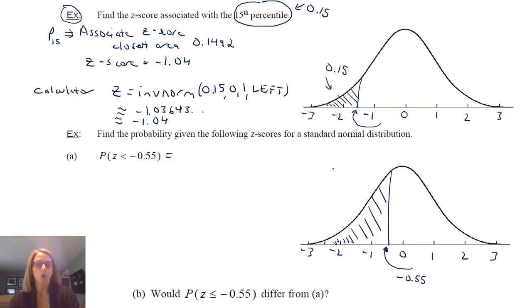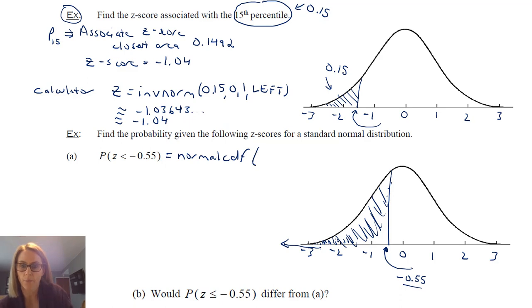Okay. So now in here, what you're going to see is we are going all the way out here, all the way. So it's all the way up until negative 0.55. But technically, this goes on forever. Okay. So I'm going to put the function I'm going to use, normal CDF.